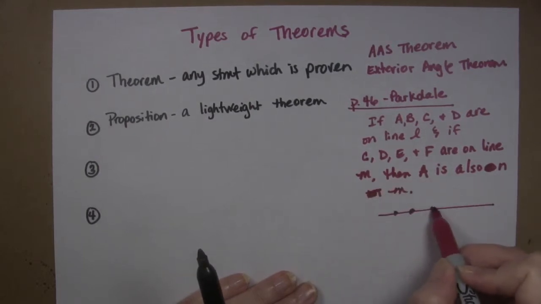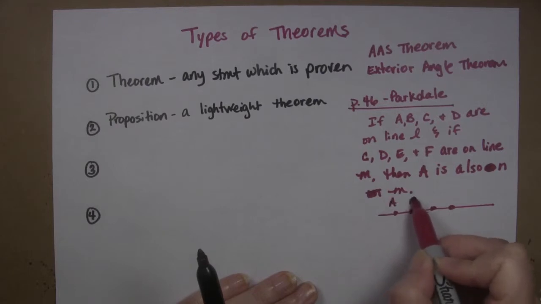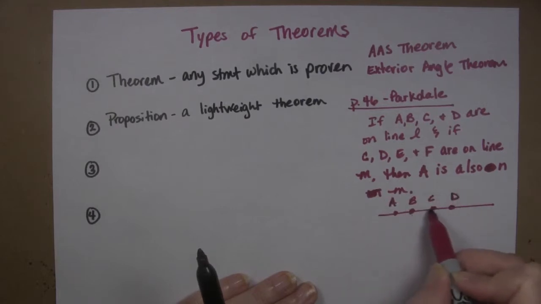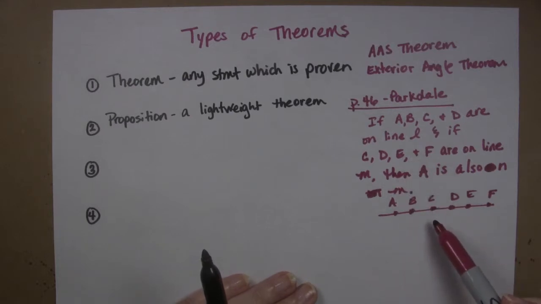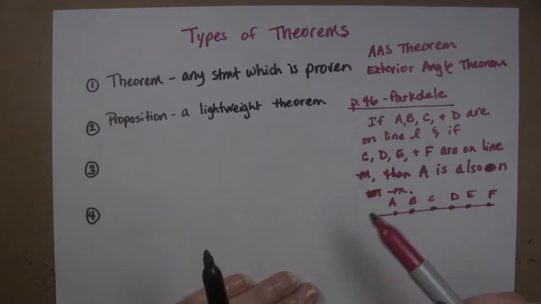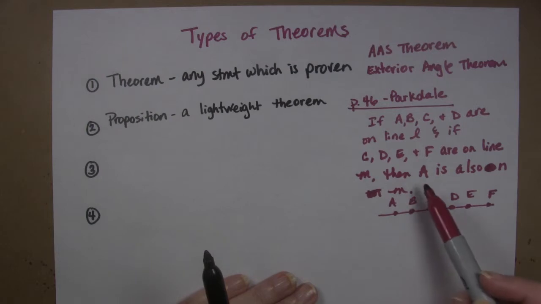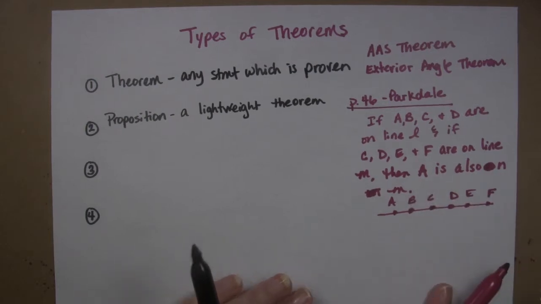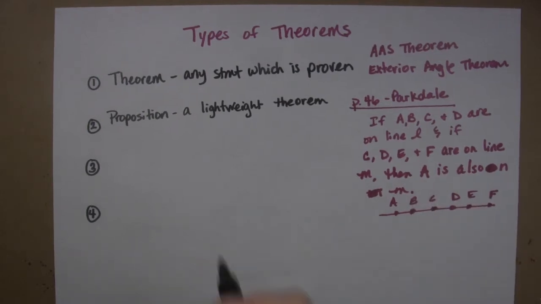A, B, C, D. But if we have C, D, E, and F are also on that line, then they're all on the same line. So you can see that this is not rocket science here. It just takes a couple of steps. In fact, to do this proof in Parkdale on page 46, it only took us 2 steps. So think of it as a super easy theorem to prove.